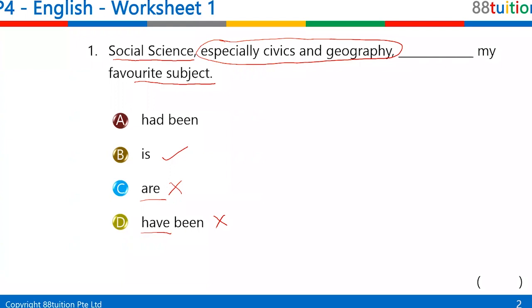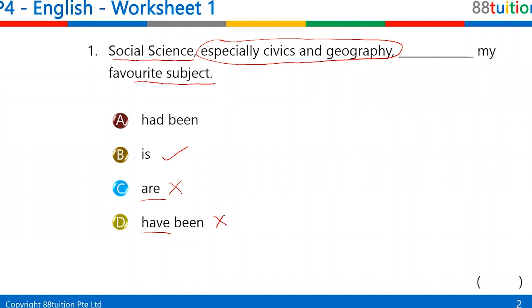Okay, so if there's had been, there's an explanation after that. For example, social science had been my favorite subject until I failed my first test. Well, you could also say social science was my favorite subject until I failed my exam.